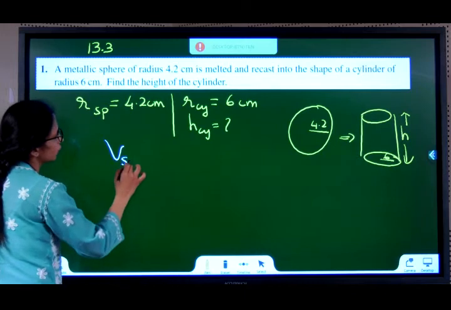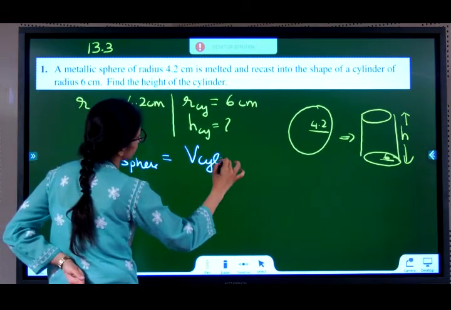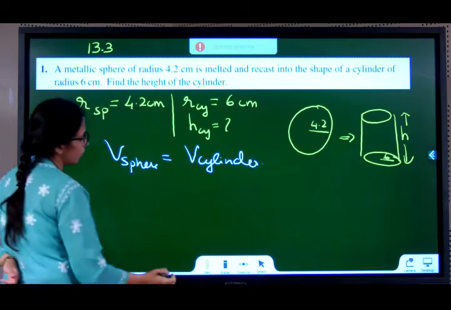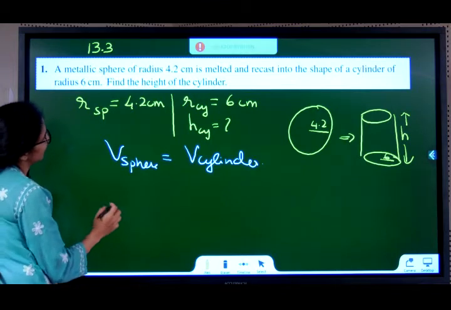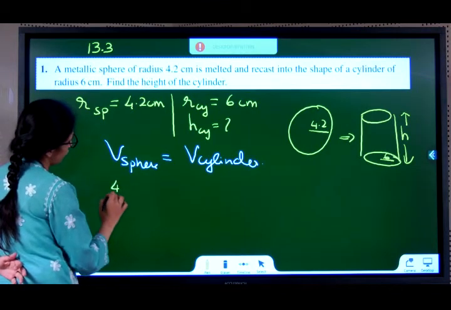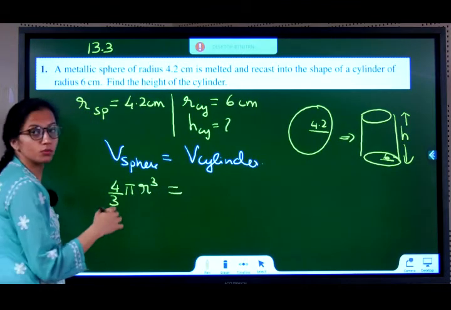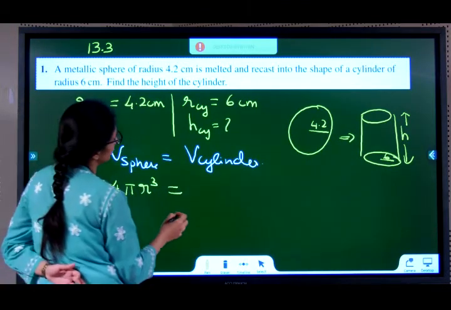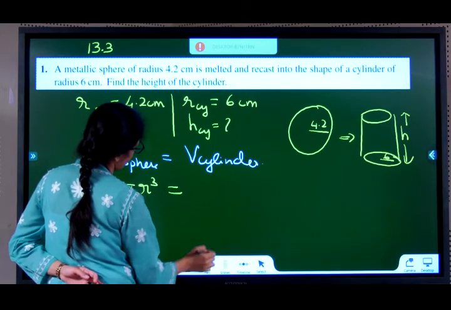So volume of sphere is equal to volume of cylinder. What's the volume of sphere? 4 by 3 pi r cube is equal to volume of cylinder, pi r square h.